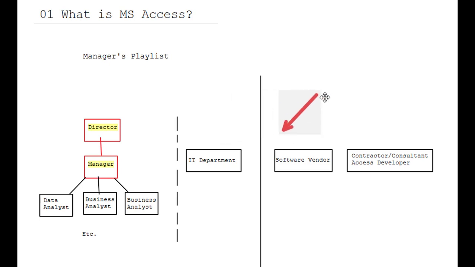And the idea is that a software vendor outside of your organization, or a contractor or a consultant, an Access developer, if you will, has been brought in, or you're talking to this Access developer, and they might be part of this software supply vendor or an independent contractor, and they're not going to be part of your IT department.